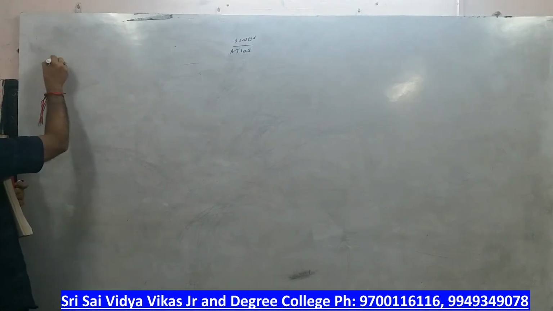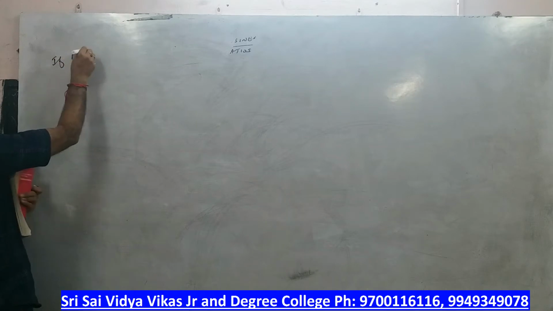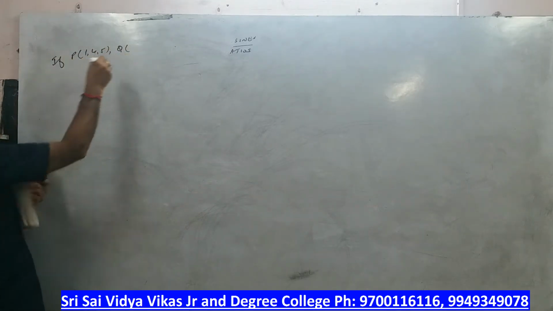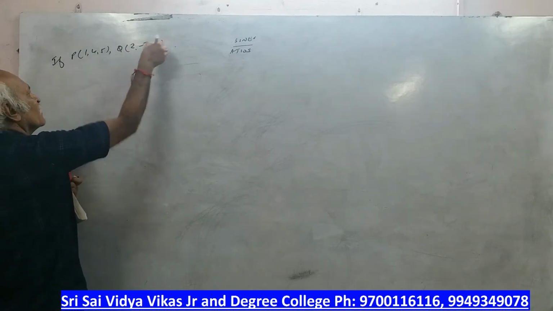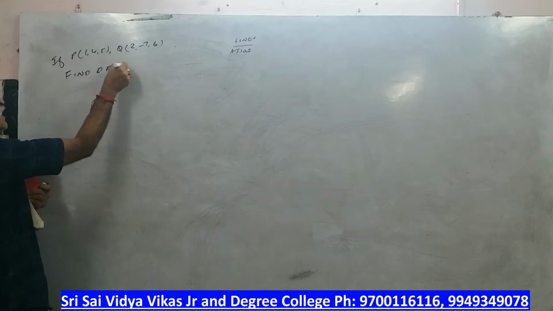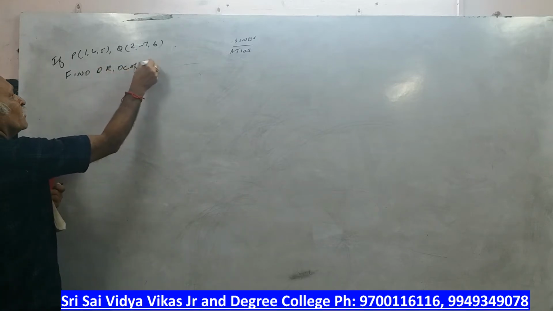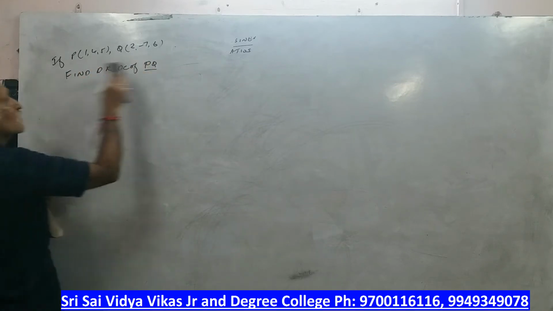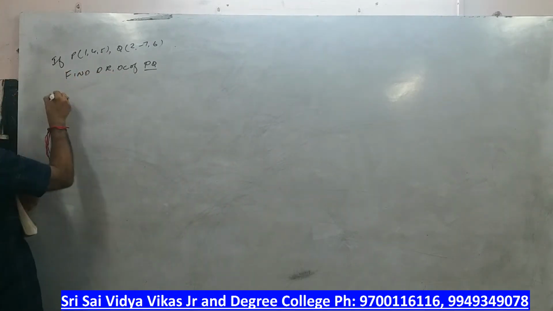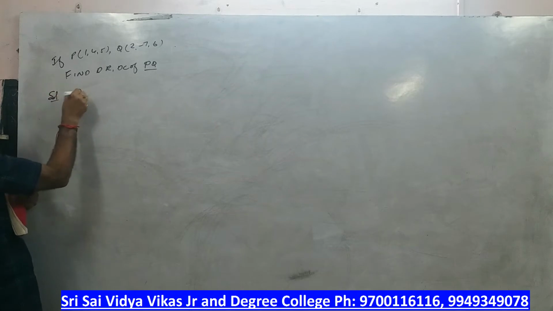Now, if P is 1, 4, 5 and Q is 2, minus 7, 6, find DR and DCs of PQ. Now solution.